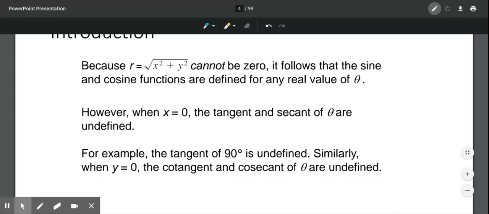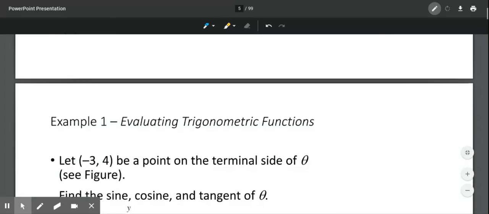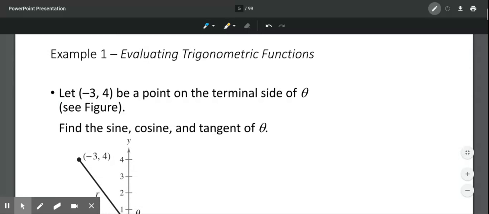We do know, though, when x is 0, the secant and tangent are undefined, because x really goes with your cosine value, and tangent is sine over cosine, and secant is 1 over cosine, right? So if cosine is 0 or x is 0, you would have a 0 in your denominator, and it would be undefined.